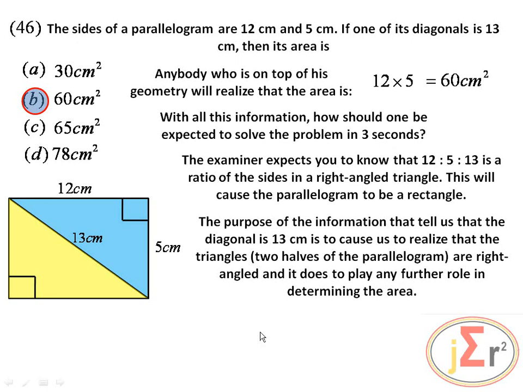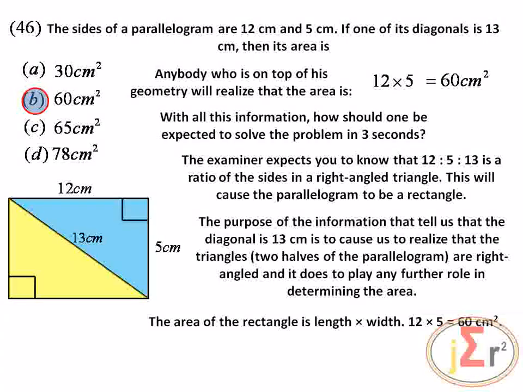But we will not take that for granted. We will also show that the two triangles are actually right angled. The area of the rectangle is the length multiplied by width, and of course 12 multiplied by 5 is equal to 60. So we have 60 centimeters squared. No problem with that.